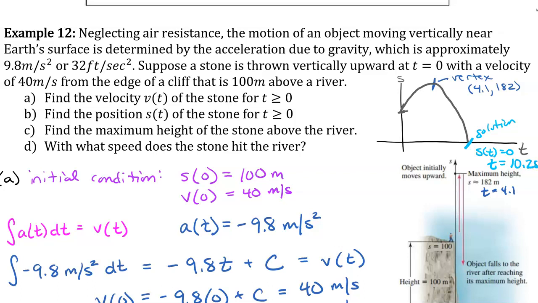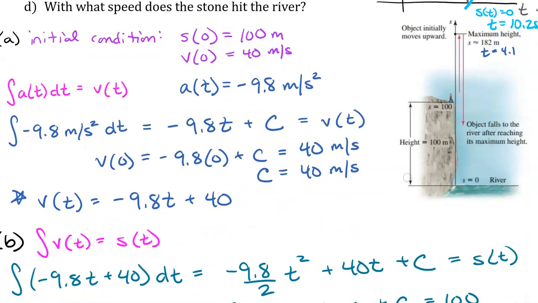Excuse me, that's the time. So at what speed does it hit? Well, we know what time it takes. Its speed would be in meters per second, so that's velocity. Our velocity function is right here.